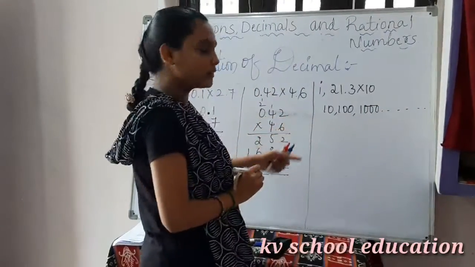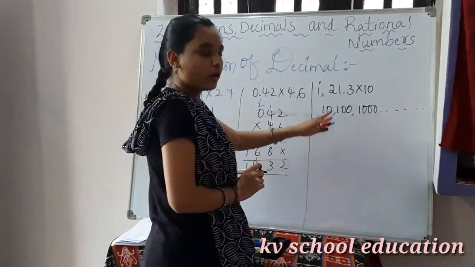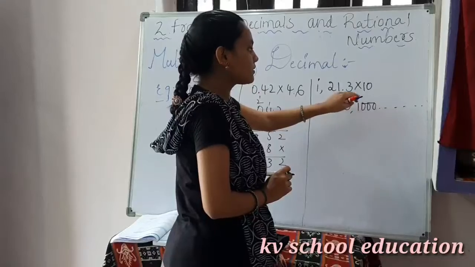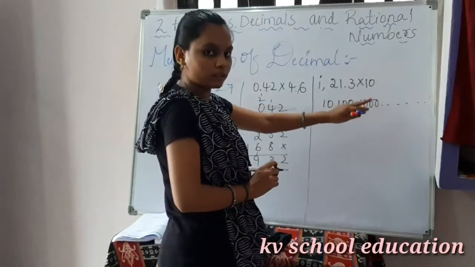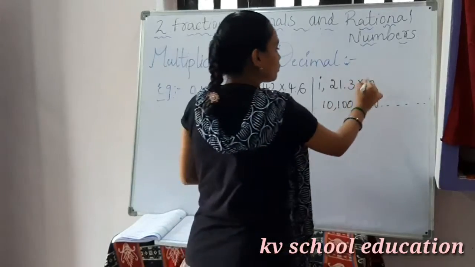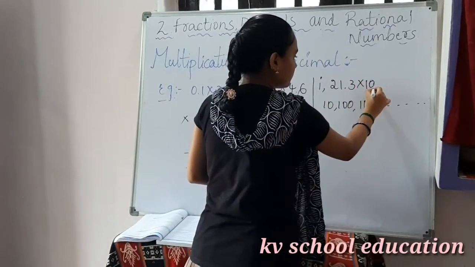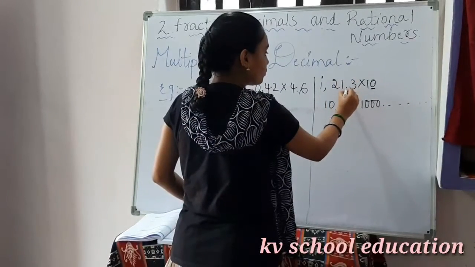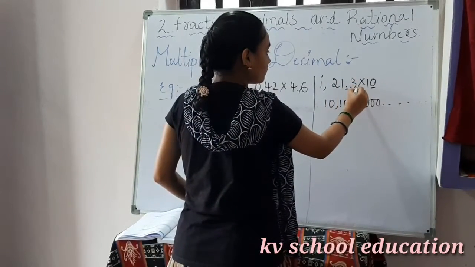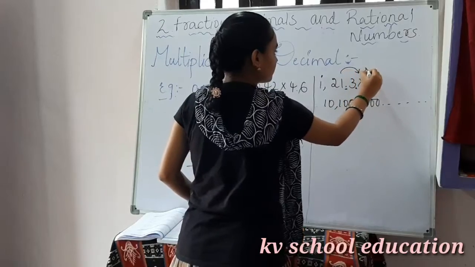In multiplication, if any decimal is multiplied with 10, 100, 1000, 10,000, 1 lakh and so on, we should count the zeros first. There is 1 zero. So in multiplication, we should move the point towards the right.